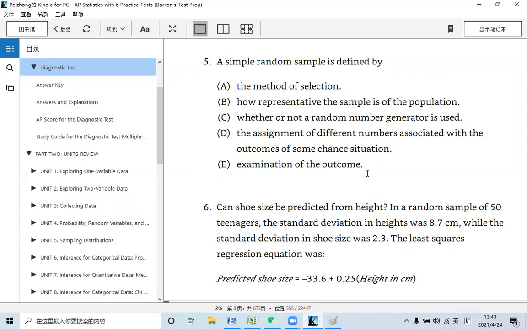Yeah, so a simple random sample is the method of selection. It's basically the method of how you select the sample.